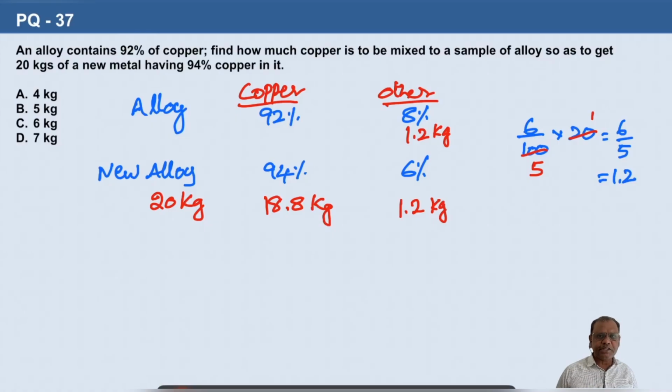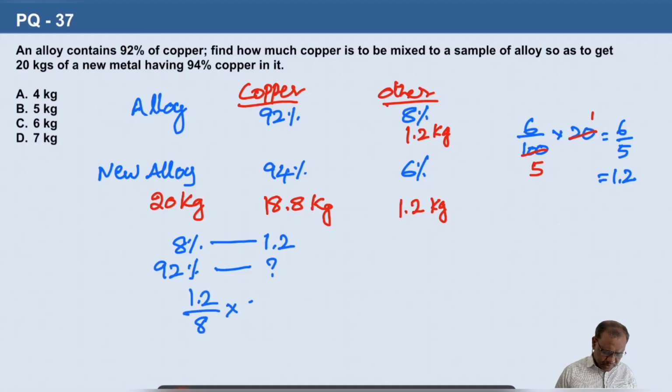So we'll find out 92% now. So 8% is 1.2 kg. 92% is how much? So 1.2 by 8 into 92. So if you simplify, 12 by 80 into 92. 4 threes, 4 20s.